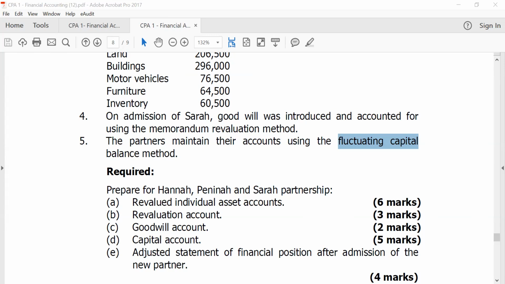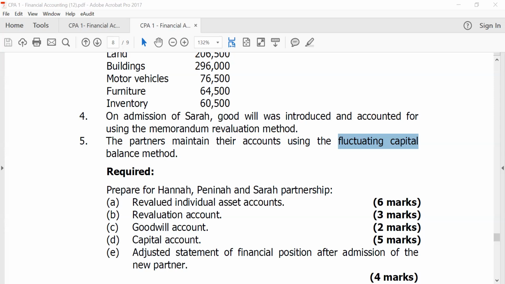In this case, since they told us to use the fluctuating method, we shouldn't have a current account. All the details that would have gone to the current account should be put into the capital account. So our capital account should be a general account.